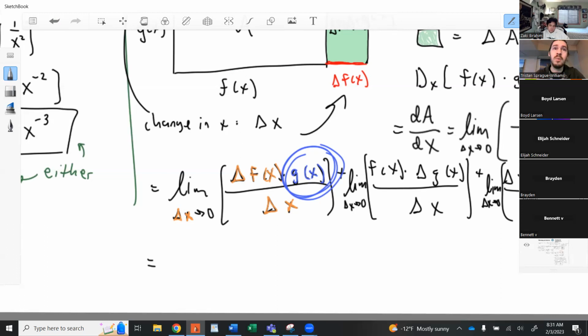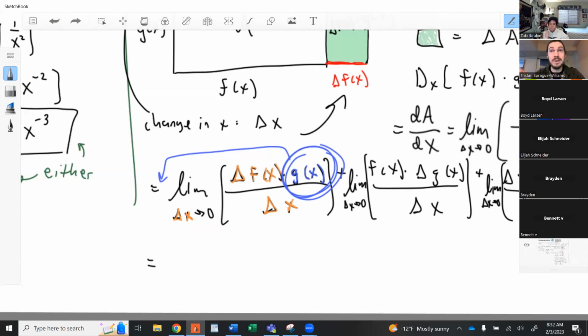What we're going to do is apply the constant multiple rule for limits, which says that you can pull a constant multiple out of the limit. We're going to do that with g of x, not actually because it's constant, but just because it doesn't depend on the variable that this limit is working with, in which case it's like a constant. It may as well be a constant as far as the limit is concerned.